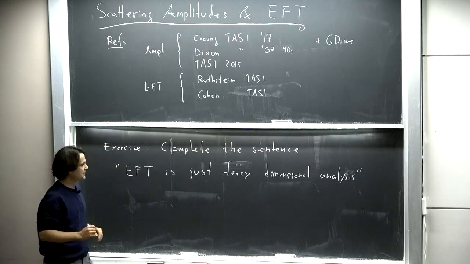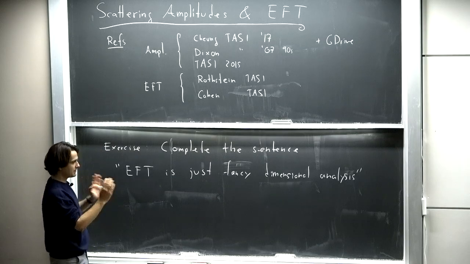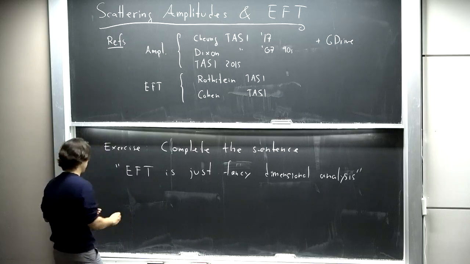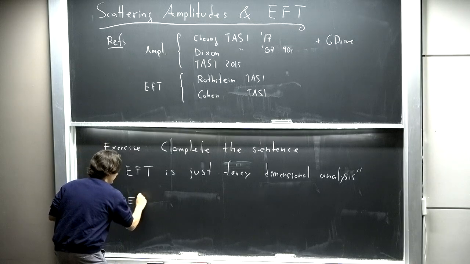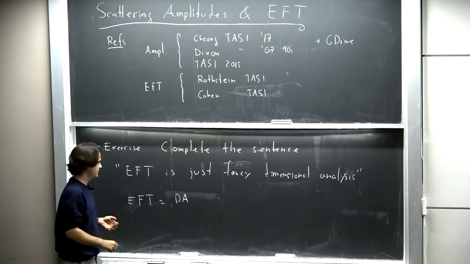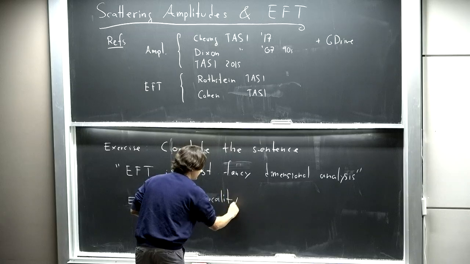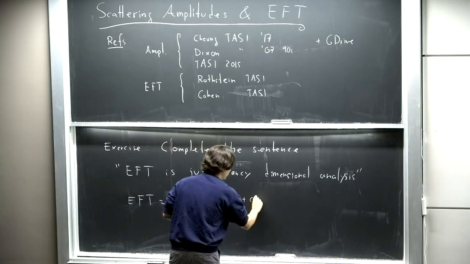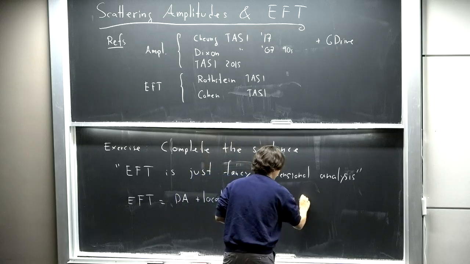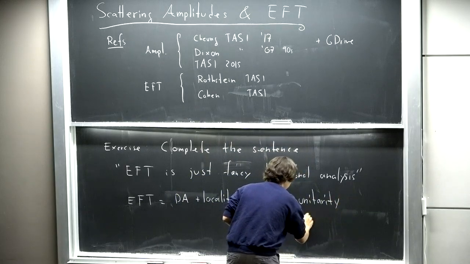EFT is what happens when you put dimensional analysis together with the basic principles of field theory. So I want to explain that EFT equals dimensional analysis plus the following things: causality, unitarity, and symmetry.